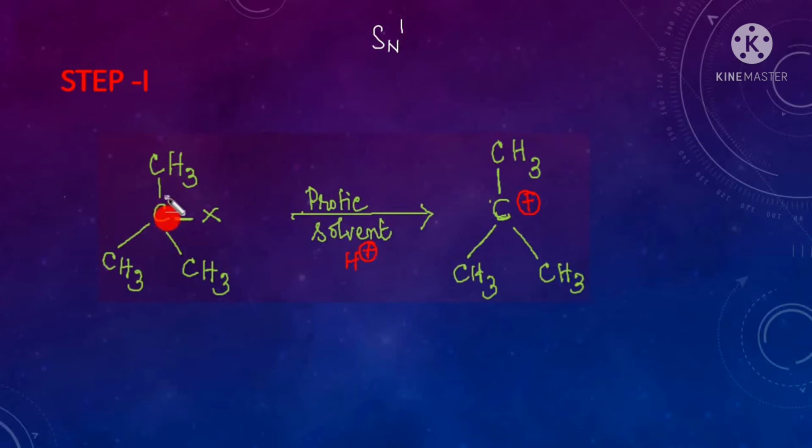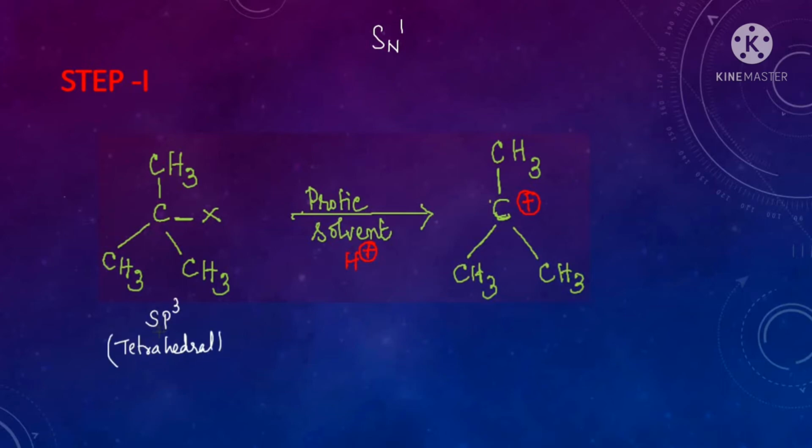This carbon atom is attached to 3 more groups. So it is an example of a tertiary alkyl halide. The carbon here is sp3 hybridized, and it has a tetrahedral geometry.